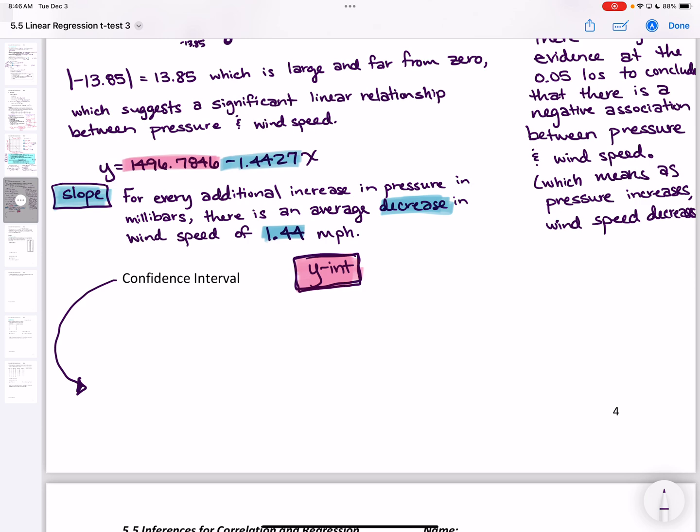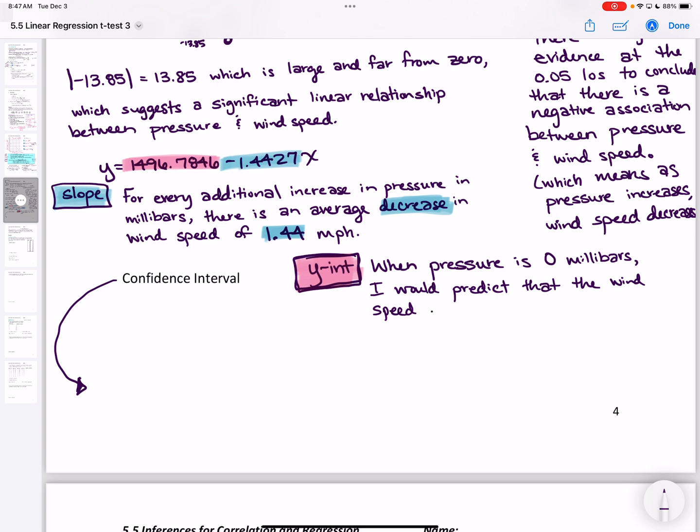So when pressure is 0 millibars, I would predict that the wind speed will be what?